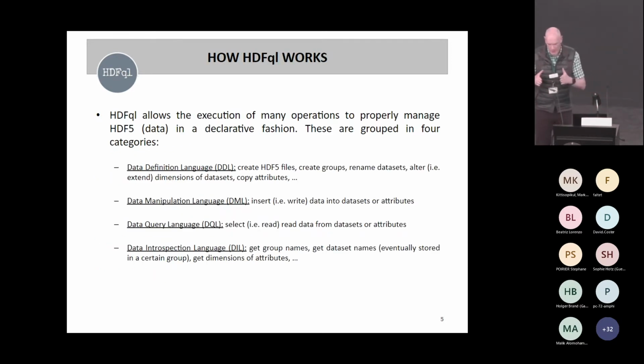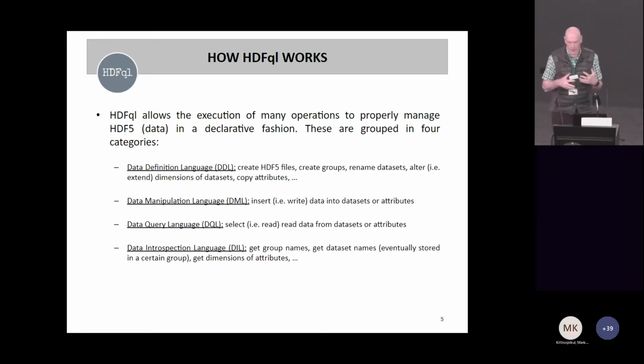Like in SQL, there are different parts of the language dealing with different things. In the case of HDFql, it acts as a data definition language where you can create groups in an HDF5 file, or data sets and so forth, attributes. It's a data manipulation language where you can insert data into data sets, update attributes and so forth.